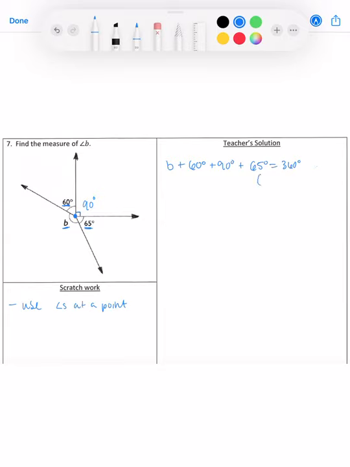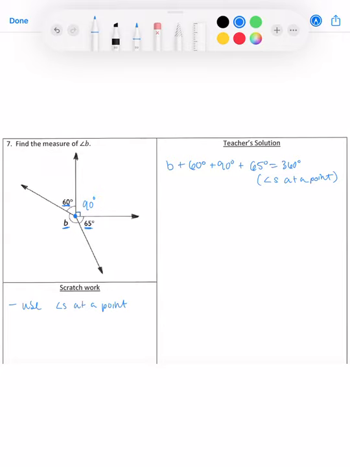You want to try and keep it in the same line if you can, but here I'm going to put it a little bit below. And the rest of my algebra work, I'm going to do a little bit lower than that so I can make it all clear and nice.